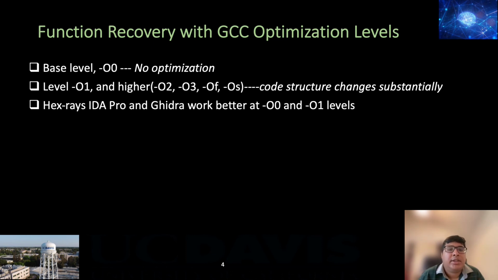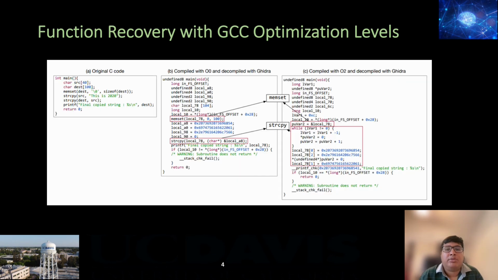The first one, Hex-Rays IDA Pro, which is commercial software. The second one, Ghidra, which is open source software. Both of the tools work better at O0 and O1 optimization levels, but their performance is not that satisfactory at higher optimization levels.